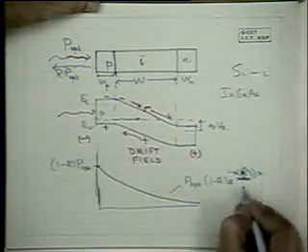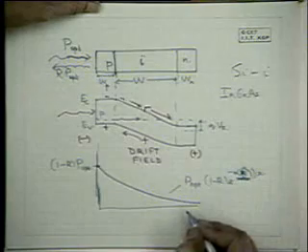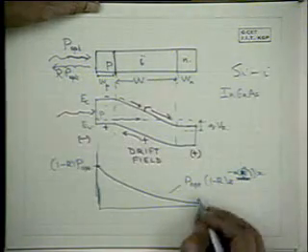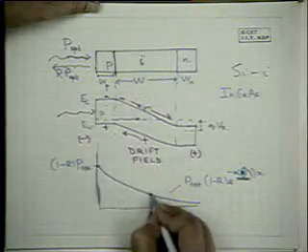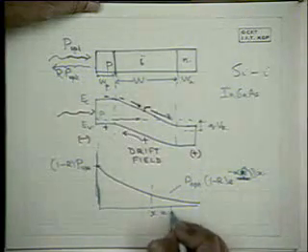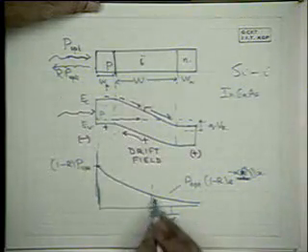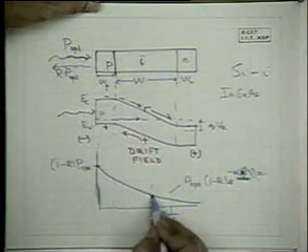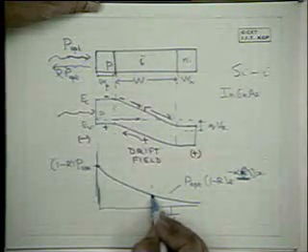So at some point x equal to 1 over alpha, the intensity decays to 1 by e of its value.